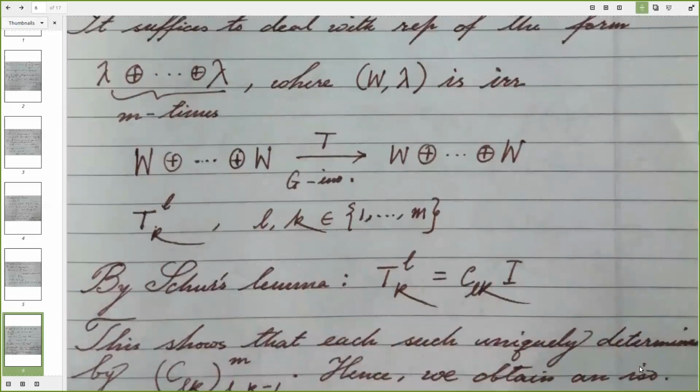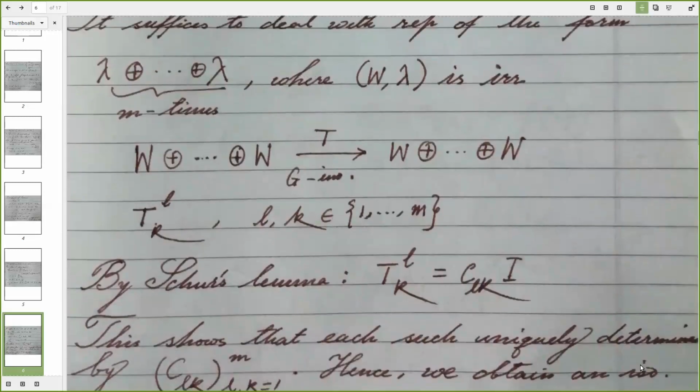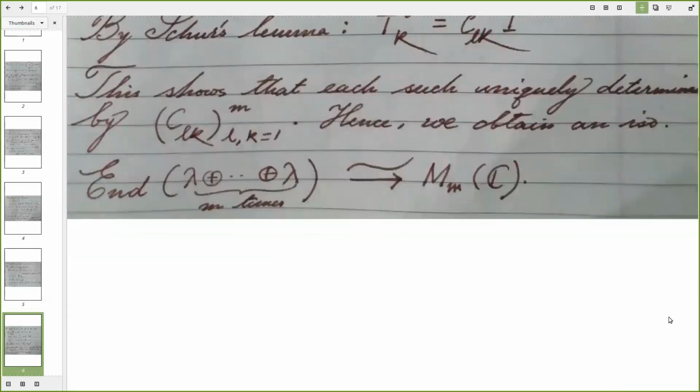So thus we get that if a representation is the direct sum of m copies of a fixed irreducible representation, then the ring of endomorphisms is nothing but the matrix algebra of square matrices of order m.